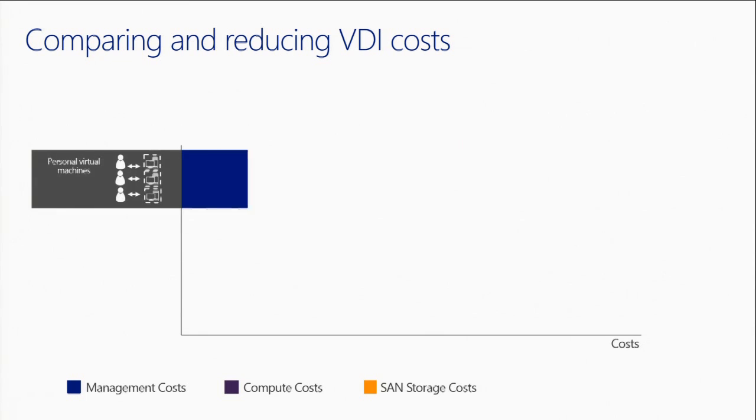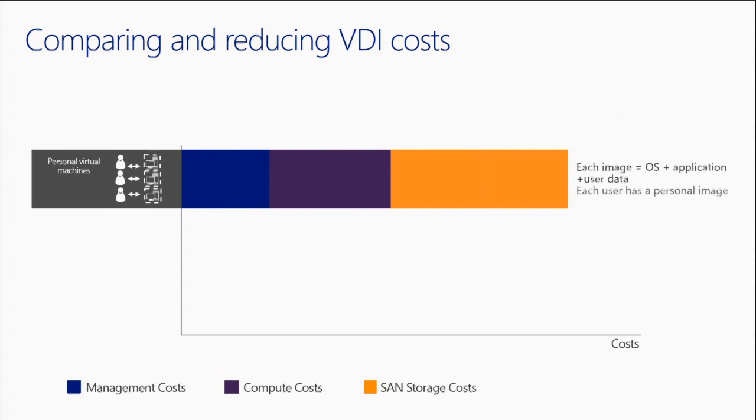Okay, so I talked a lot about cost. Let me just bottom line it this way. If we start with what is typically the most expensive solution, personal virtual machines. All we've done is picked up the user's physical machine, put it in a virtual machine, and put it in the data center. This is what our costs look like. We've got a bunch of management costs, again, because we're managing them just like we did physical machines. We still have to patch them, put antivirus on them. So we've got some significant management costs there.